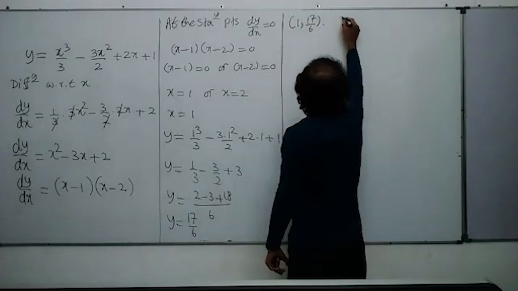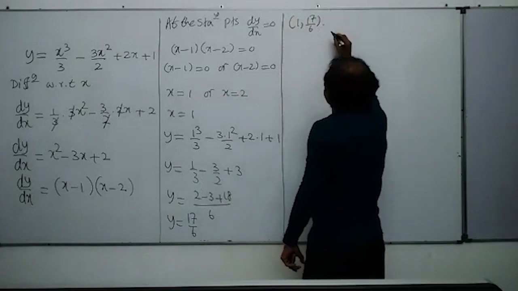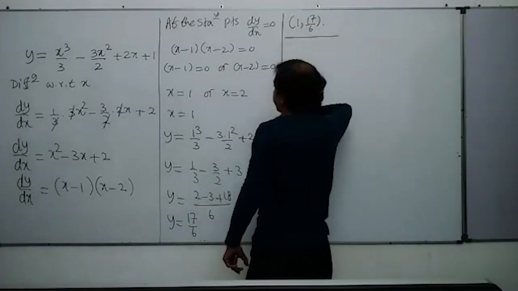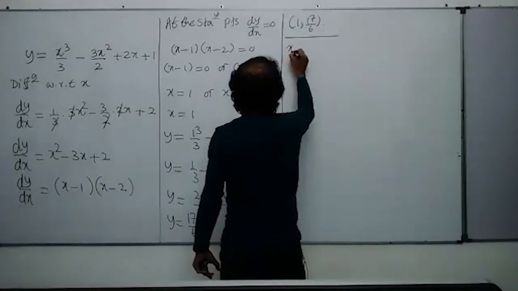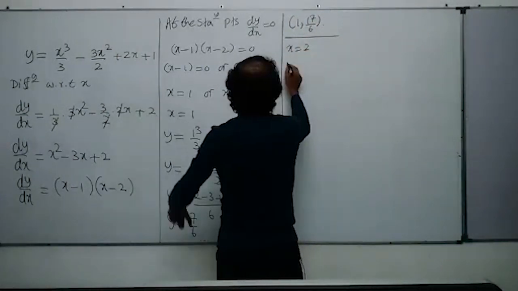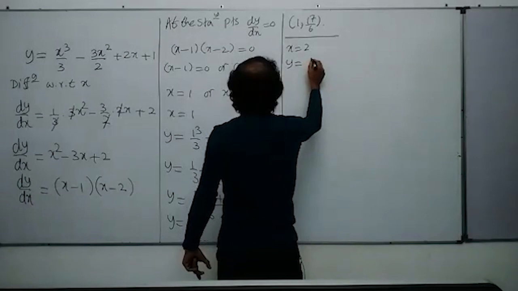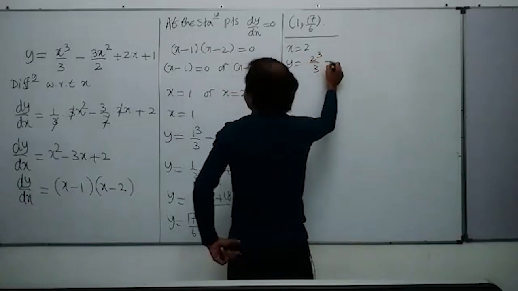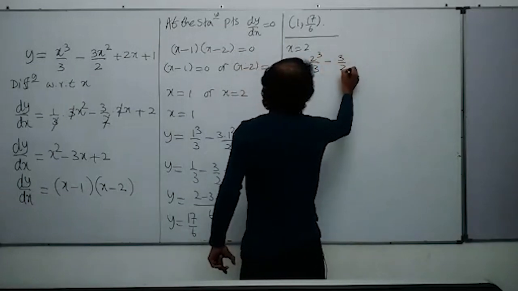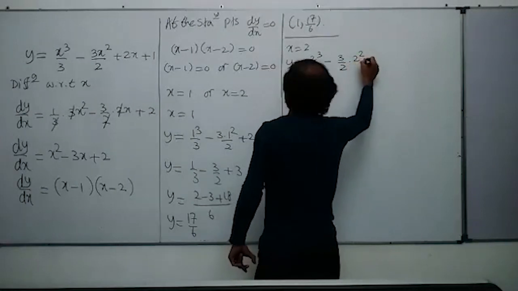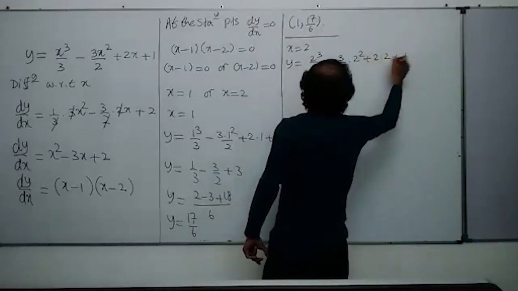Secondly, put x equals 2. y equals 2 to the power 3 by 3, minus 3 by 2 into 2 squared, plus 2 into 2 plus 1.